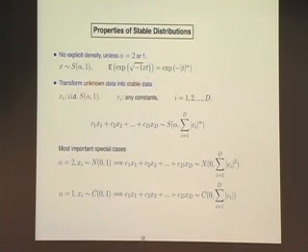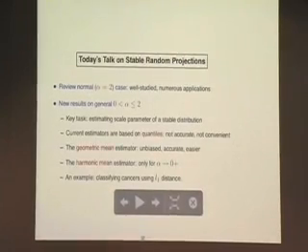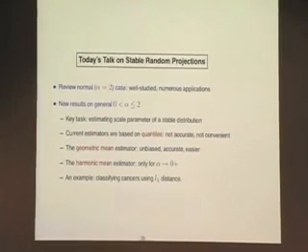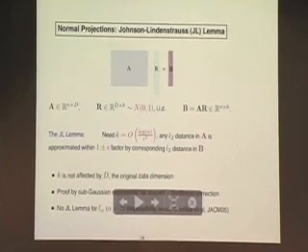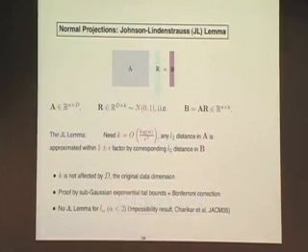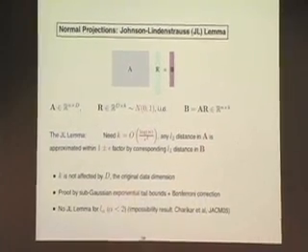So after you do the random projections, you end up with a parameter estimation problem for the scale parameter, which is very simple for the L2 case. For the normal case, which has been very well studied, there is a very famous lemma called the JL lemma.